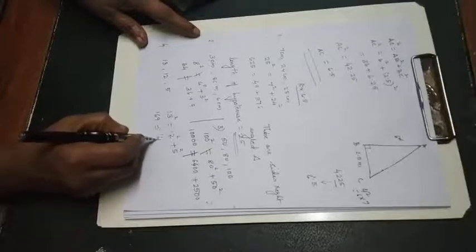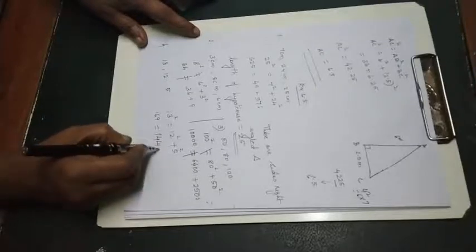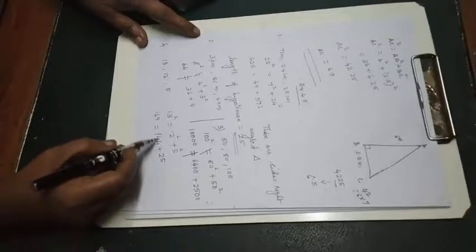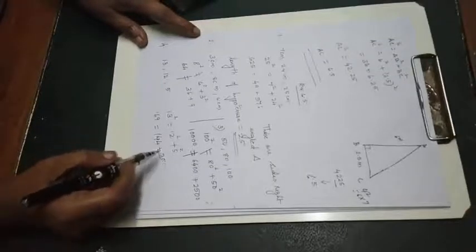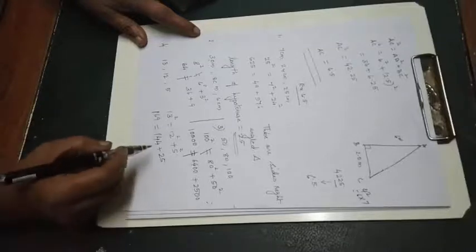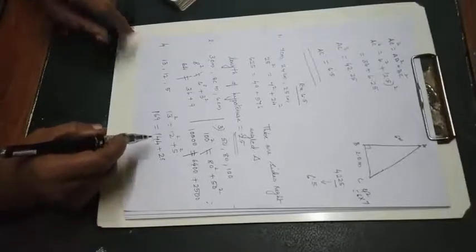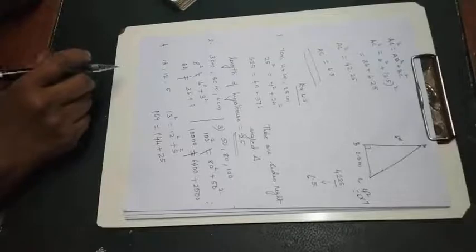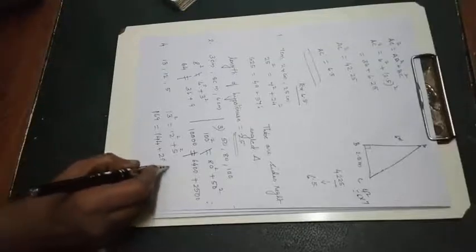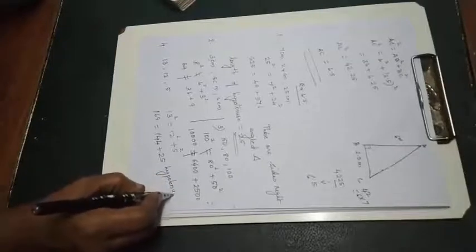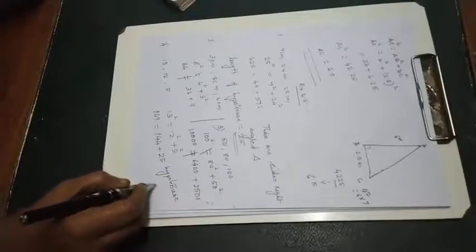So 12 square is 144 and 5 square is 25. So 144 plus 25 is equal to 169. So these are the sides of right angle triangle, and hypotenuse will be equal to that 13.